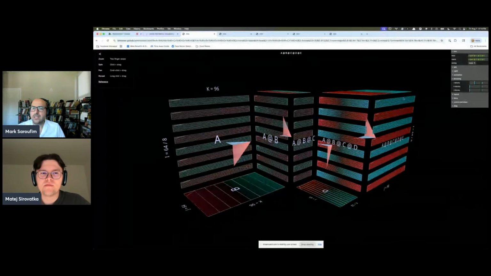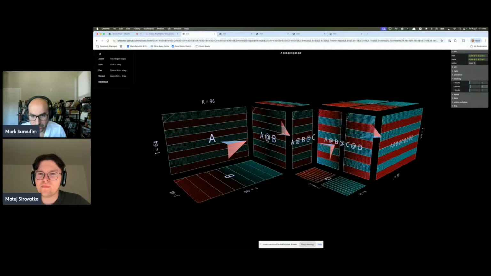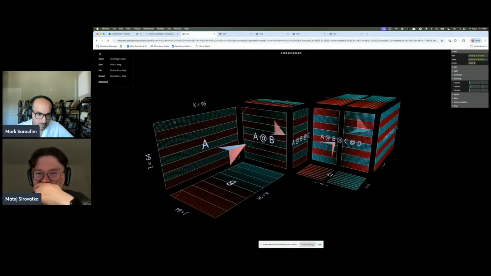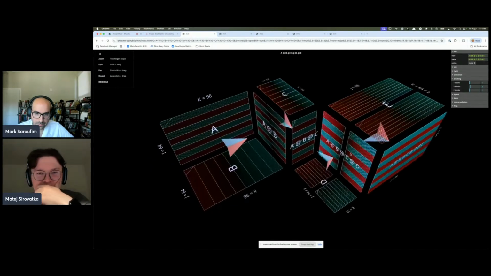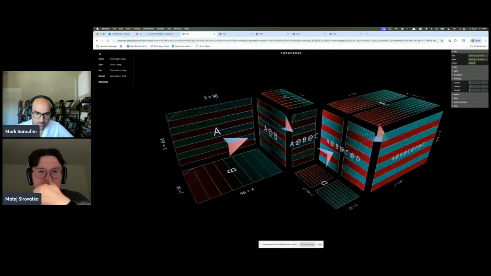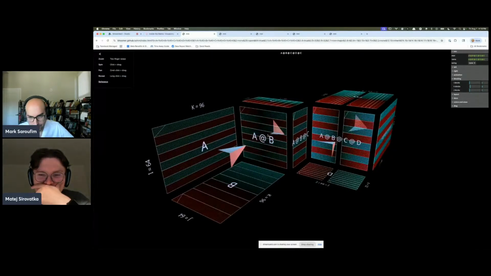I'm still failing to understand. I totally get the I blocks, but let's say we make it 1 again, and then we go to the K blocks, and I make it 2. What am I looking at now? If K blocks is 2, why is it not split here? I suppose it just split the last one. So think of it this way.